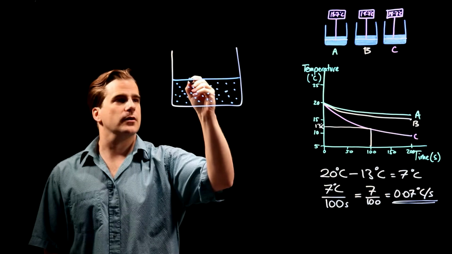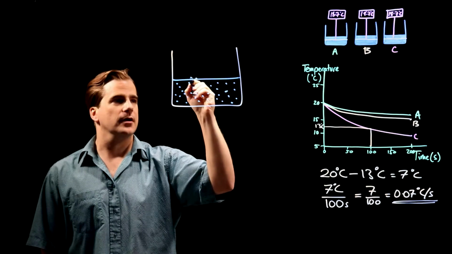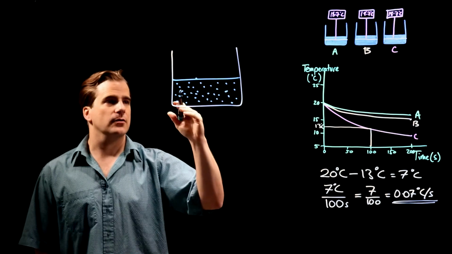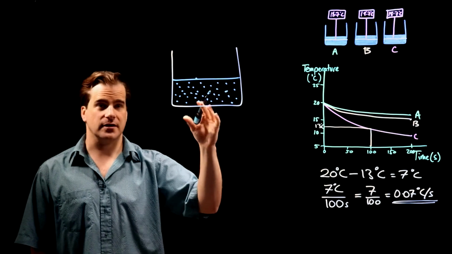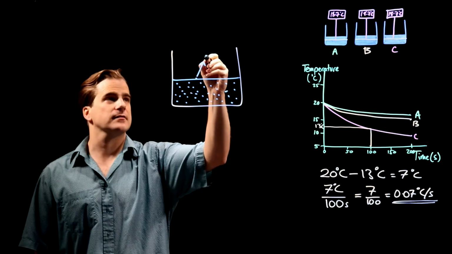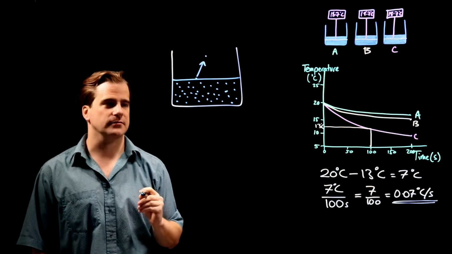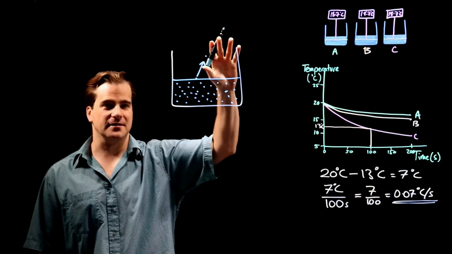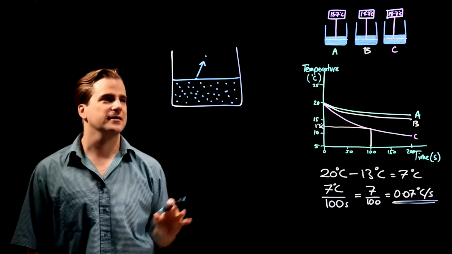So at the surface here, a particle that happens to have very high energy will be one of the few that has enough energy to escape from the surface, and so that evaporates. Okay, it disappears. It turns into vapor and enters the air as vapor.